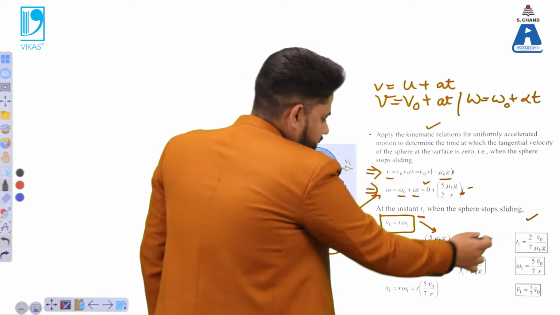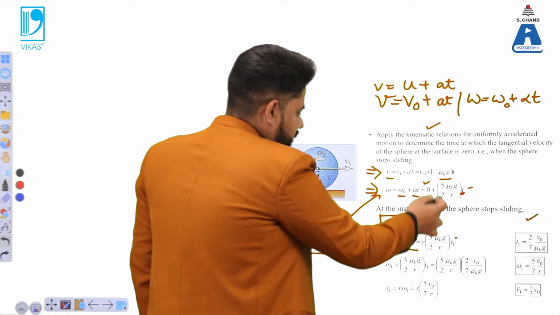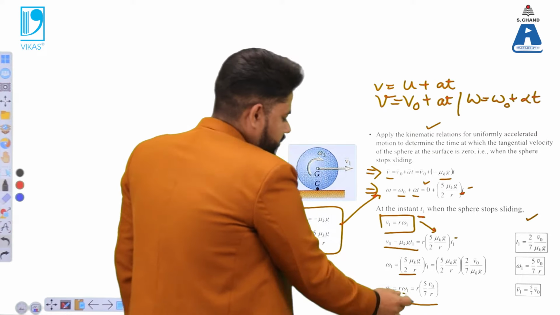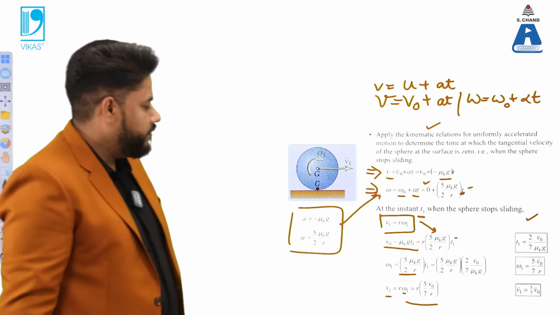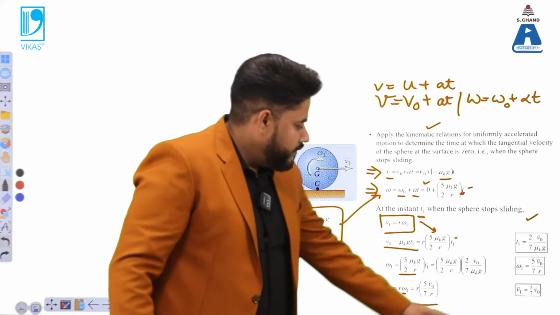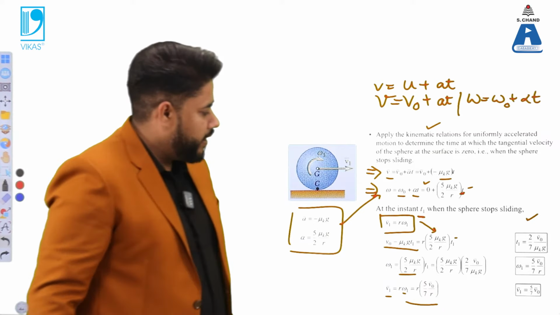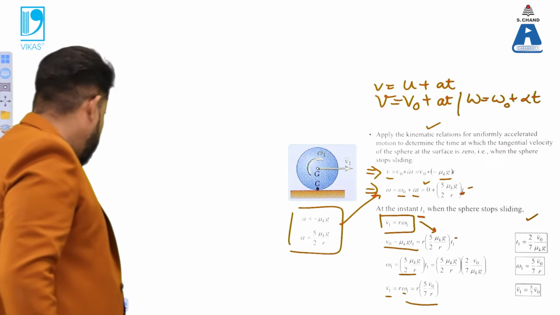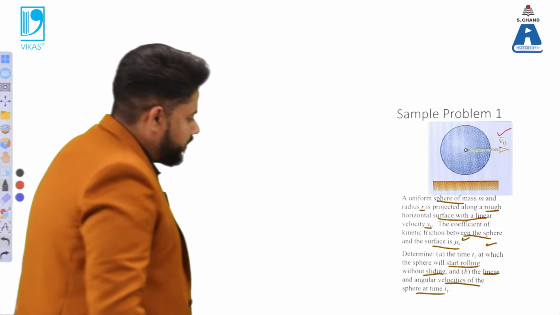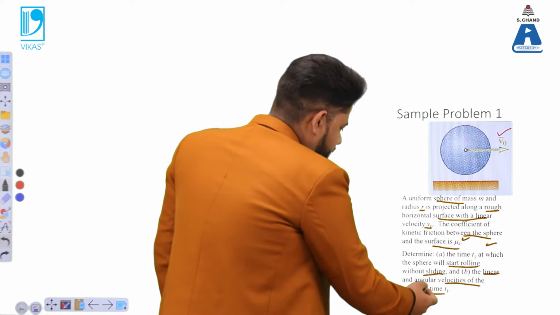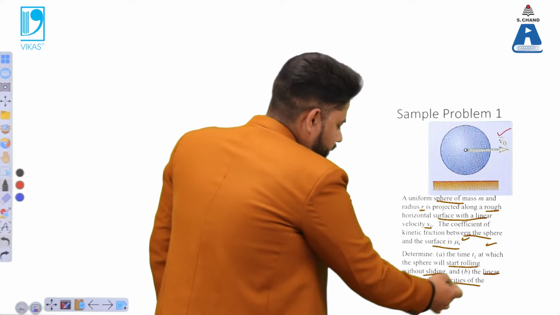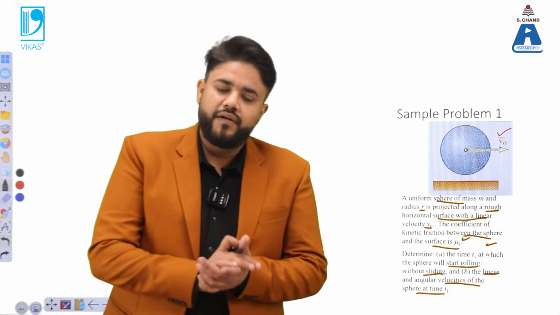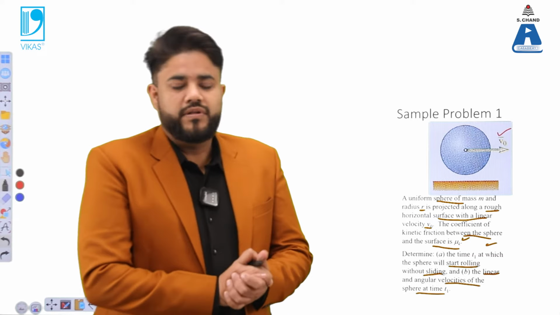Once we obtain this t1 value, we can substitute it in this omega term, so we'll get the omega 1 value, and additionally when we put this omega in the formula of v1, we can get the value of v1 also. So v1 is obtained, omega 1 is obtained, and t1 is also obtained, and that was what was required in the question: the time instant, and the linear and angular velocity at that instant. So we have used the normal methodology.